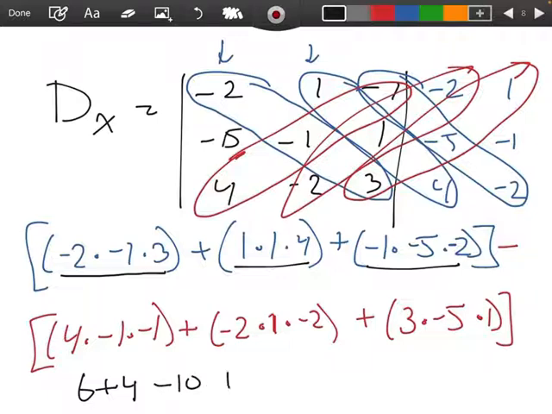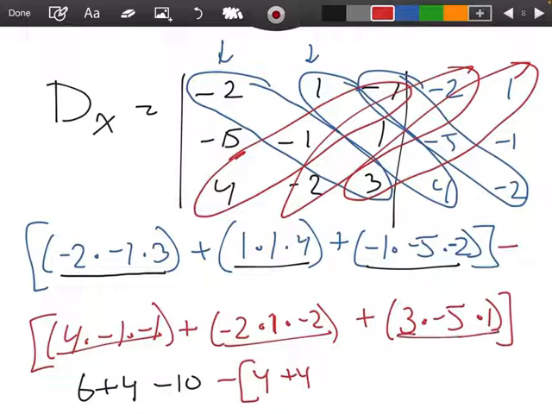Okay, and then we have to subtract, because we do have a minus. Let's see, that's going to give me a +4. That's also going to give me a +4. And this here is going to give me a -15.